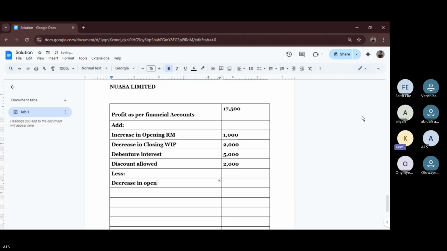Is it raw material? No. Work in progress. Decrease in opening inventory. Okay, work in progress. How much is it? 1,000.